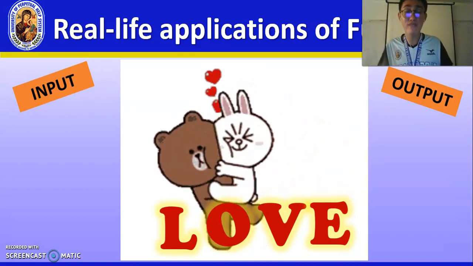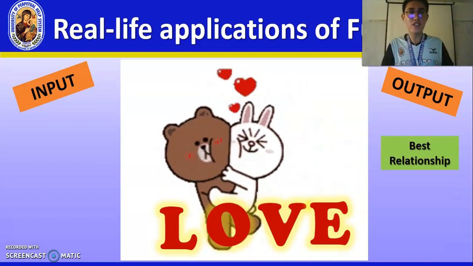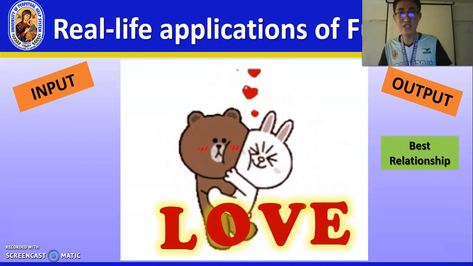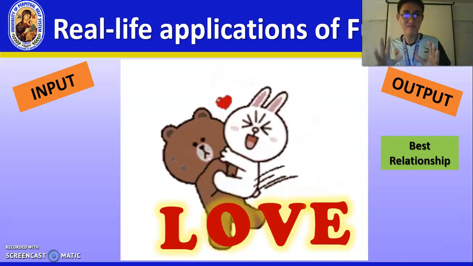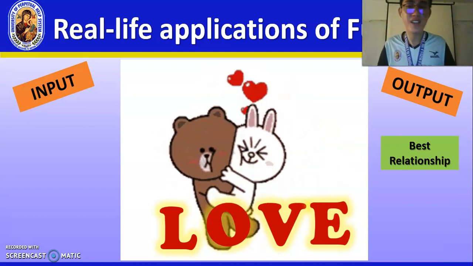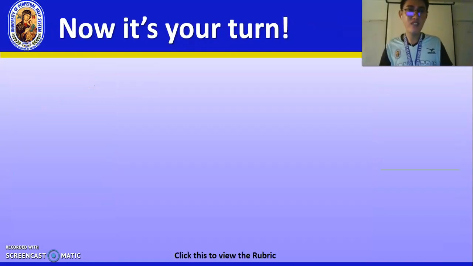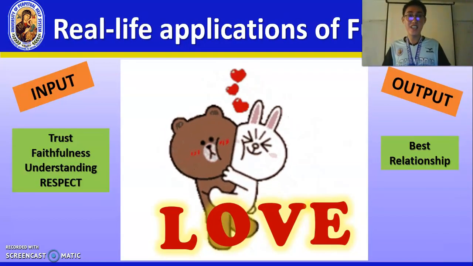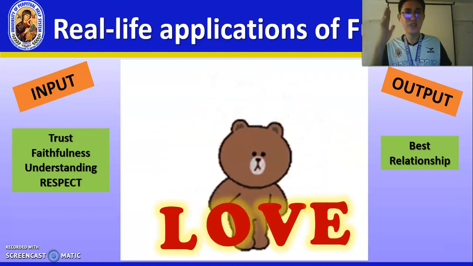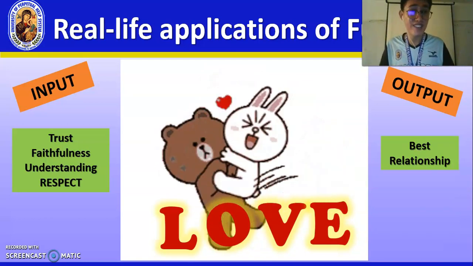You want to have the best relationship ever. For you to have the best relationship ever, you must input something, input values or something that when we put them together, we can maintain the best relationship. Let's say trust, faithfulness, understanding, and respect. Big word, respect. Lahat yan, those are ingredients for a best relationship. May forever kayo dito. All right?